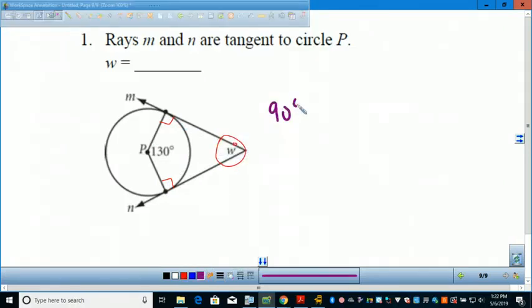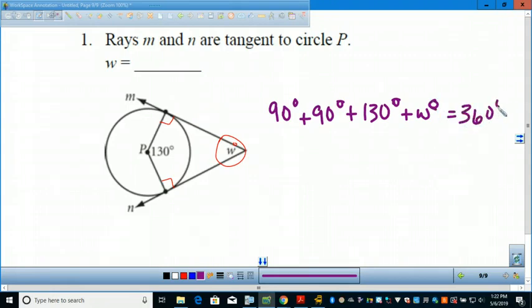So 90 plus 90 plus 130 plus W has to equal 360. So go ahead and put it in your calculator. Figure out what W equals. That's what I got. I got 50.